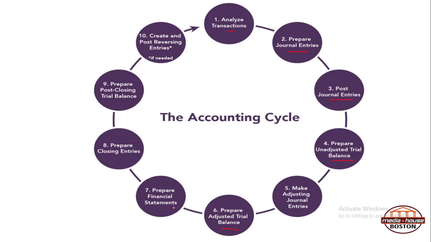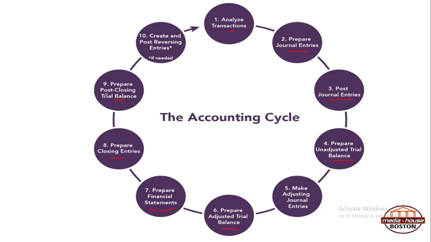And from there, we're going to prepare what we call the financial statements, which are the statement of financial position and the income statement. And if there are any other additional transactions that actually took place, maybe on the last day of the business, therefore we're going to prepare the closing entries. And once we prepare the closing entries for those transactions that took place on the last day when the financial statements were prepared, we're going to prepare what we call a post-closing trial balance from those.